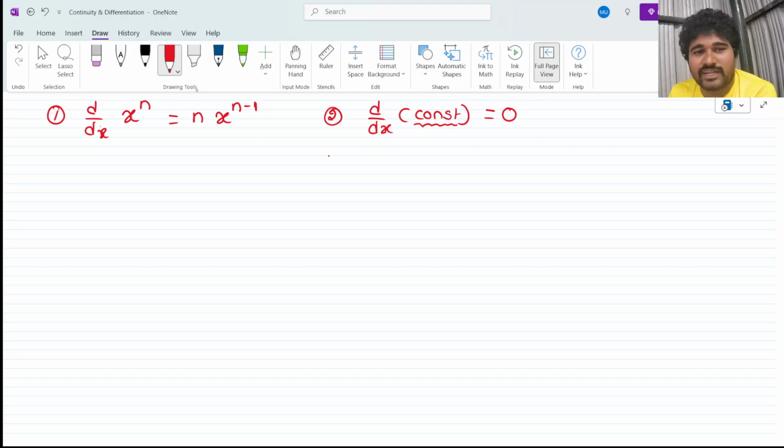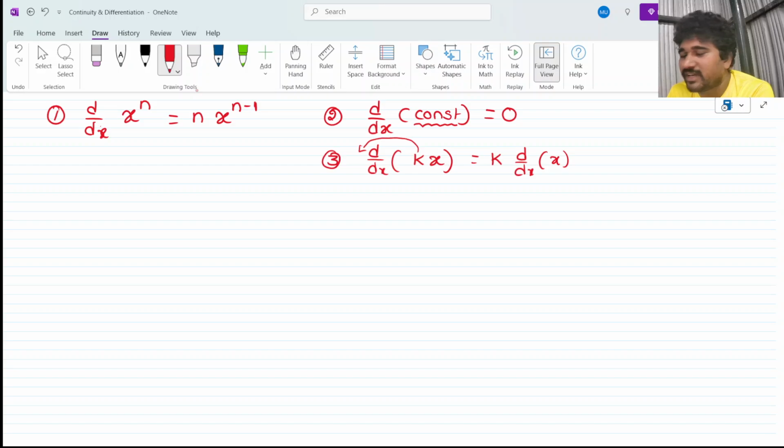And we learned one more formula: d by dx of a constant with the variable. If a constant is multiplied to the variable, then that constant will come out. You write it as k into d by dx of x.